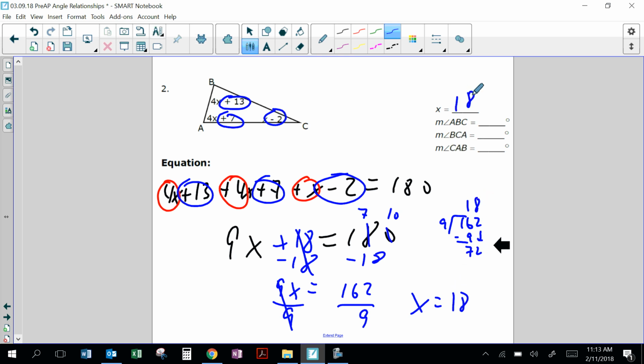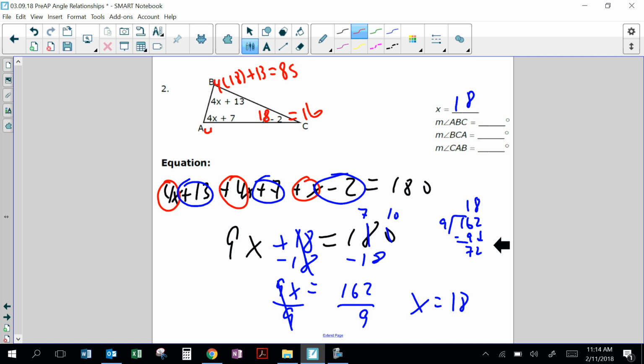Each x is 18. So let's go back here now, and let's replace each x with 18. I'll do the first one, the easiest one. 18 minus 2 is 16. 4 groups of 18 is 72, plus 13 more, 72 plus 13 is 85.